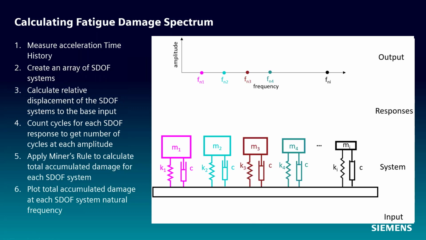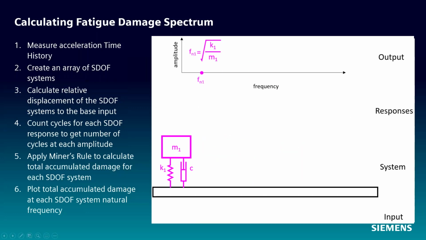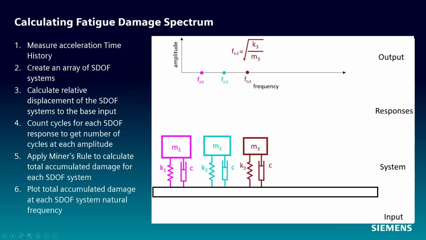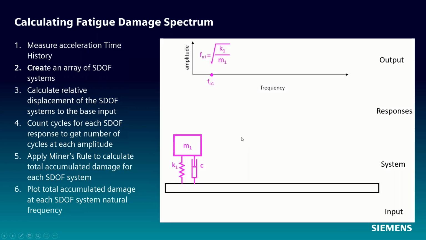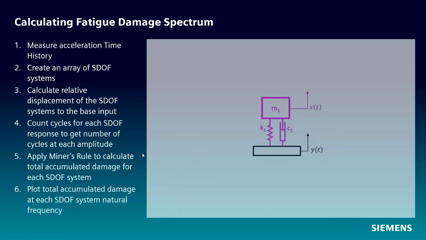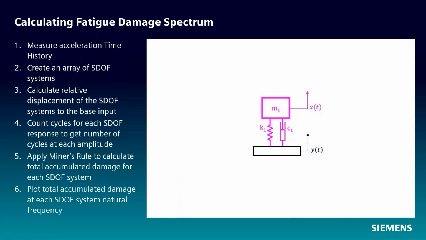So what happens to one of these SDOF systems? Once we've set up this array of SDOF systems, for each one of these, we're going to take our acceleration time history and apply it as a base input to that system. So let's see how that looks.